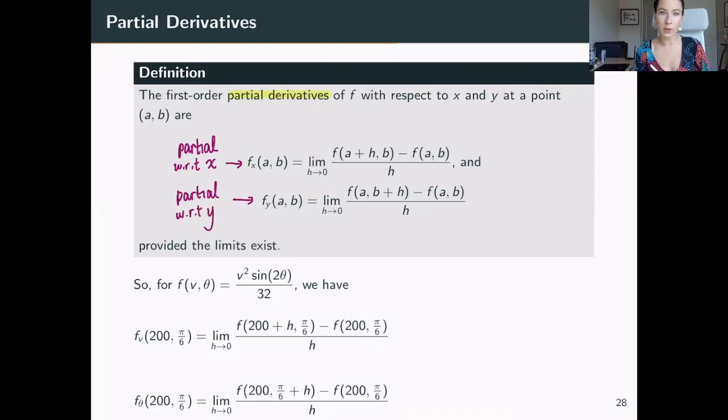In the partial with respect to x, I am fixing my value of y. My x is what is changing. So I have that x plus h. In the partial with respect to y, I have that my x value is fixed. I'm taking that y plus h in as my change. So I'm fixing x for the partial with respect to y.